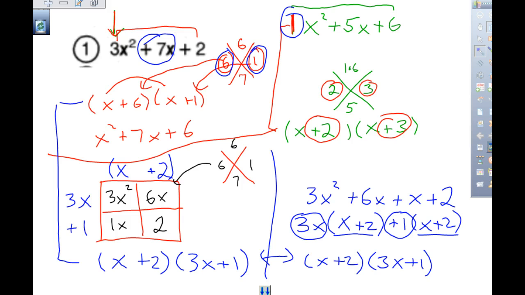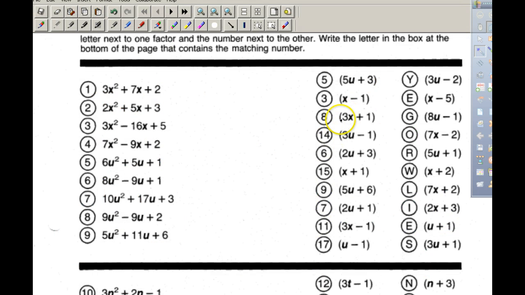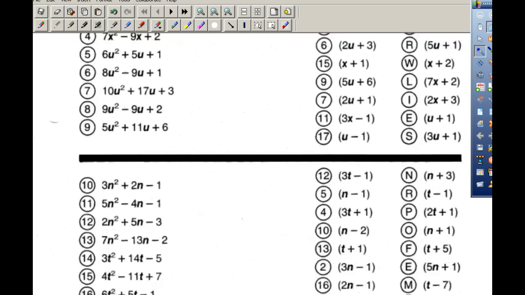X plus 2, 3x plus 1. 3x plus 1 is 8. 3x plus 1. There you go. And then you can figure out how to fill out the bottom.